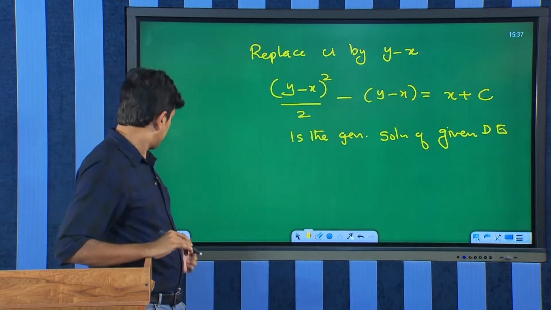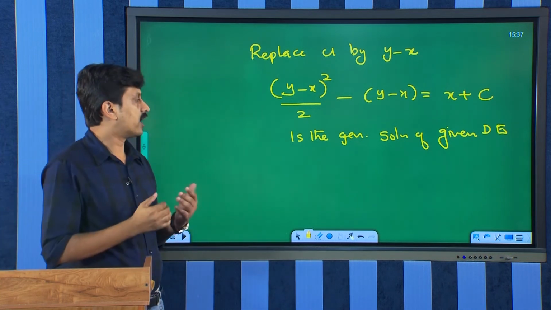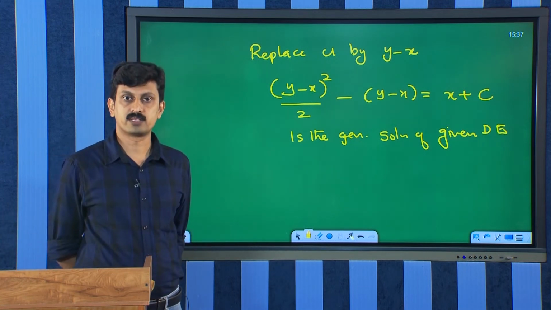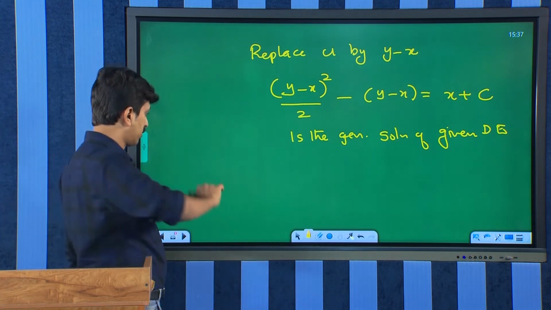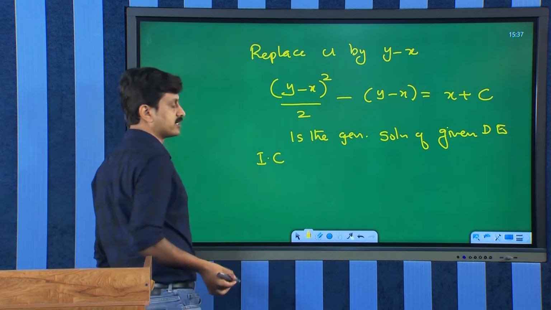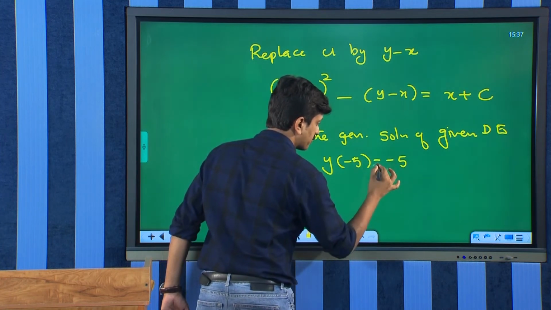But our problem is an initial value problem. Because it is an initial value problem, we have the initial condition y of minus 5 is equal to minus 5.